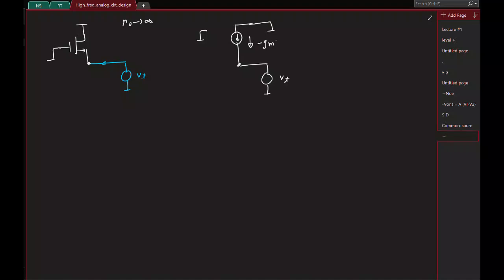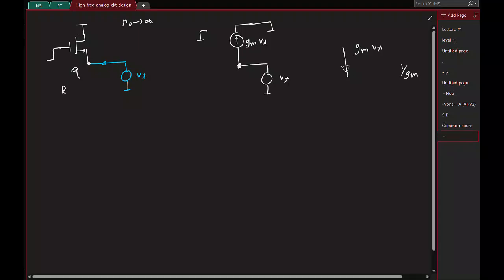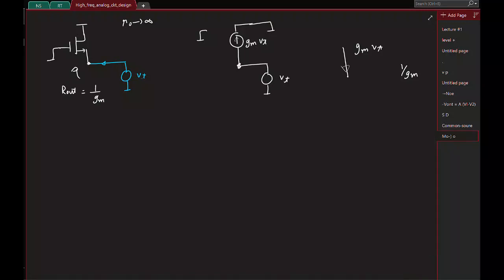Minus Gm times Vd, right? So the current flowing up is Gm Vt, right? So it looks like at this node, if I apply a voltage, a current Gm times Vt is pulled out of that node. So this basically corresponds to a resistor with a value of 1 by Gm. So the output resistance here is 1 over Gm.